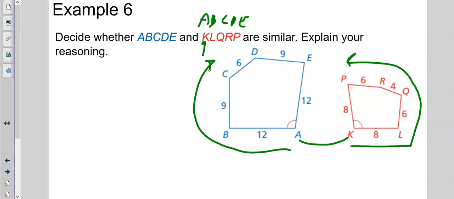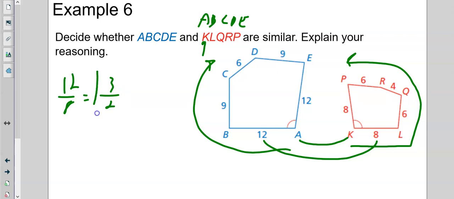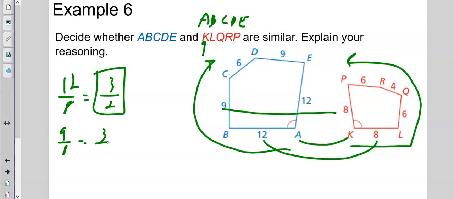So we need to see if 12 and 8, what that ratio is. So if we reduce that ratio, 12 divided by 4 is 3, and that's 2. Okay? So that's a proportion of 3 halves. Let's see, we have to check every one though. So 9 over 8, we're doing these two. Well, 3 divided by 3 is 3.